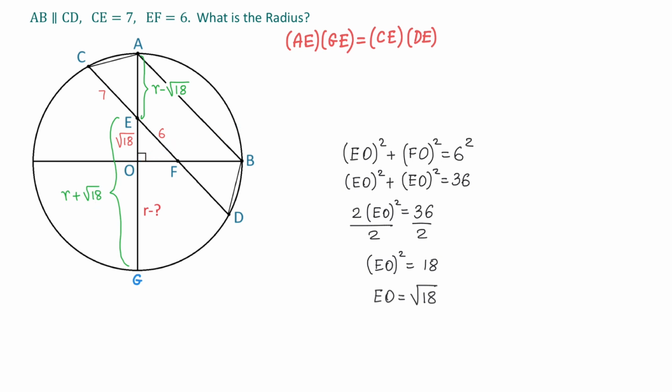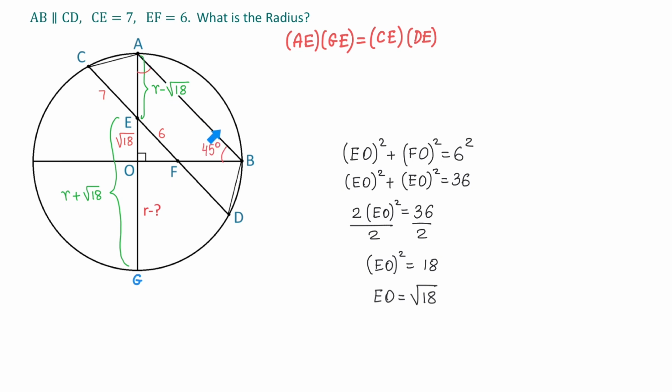Now let's take a look at the line segments CE and DE. So far, we know that CE is 7 units. To get DE, we need to understand that CE equals DF. And this is because in the isosceles right triangle AOB, each of the angles A and B measure 45 degrees.